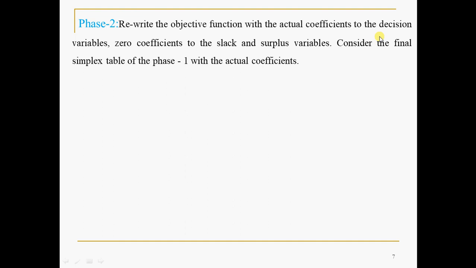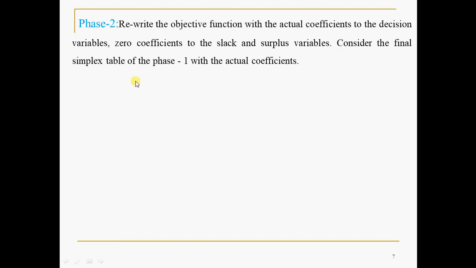You please note: actual for the decision variables, that means x1, x2 and so on, and 0 coefficients for the other variables, that is slack and surplus variables. Now artificial variables will not come into the picture. They have been eliminated. Only you will have basic variables, and if at all you have slack and surplus variables. Artificial variables are not in the picture now.